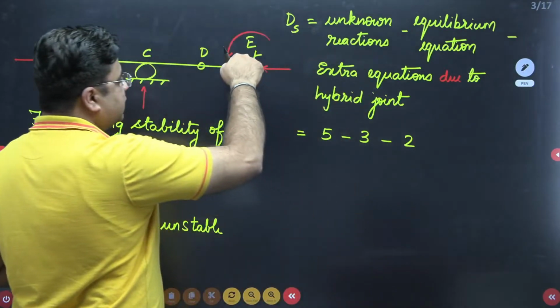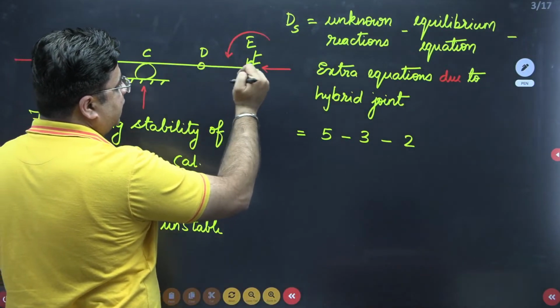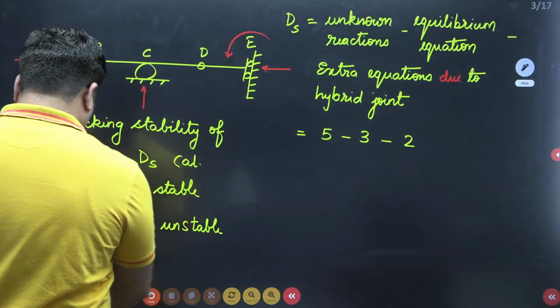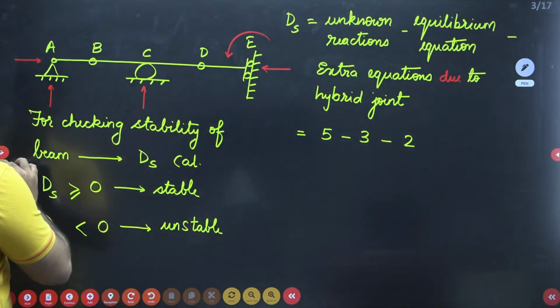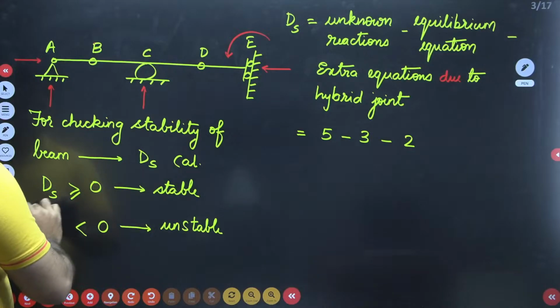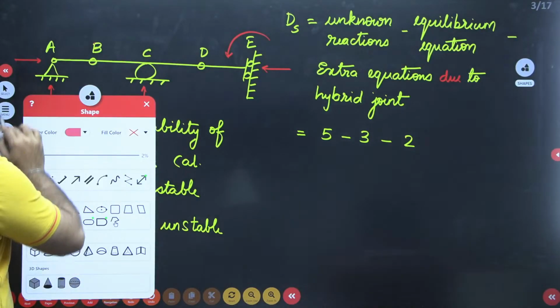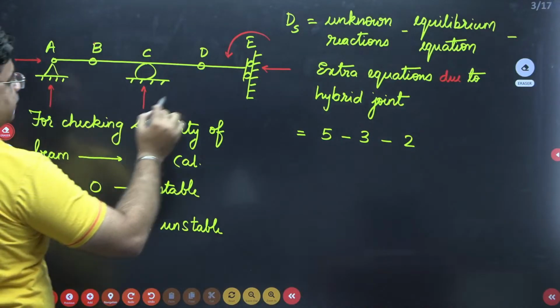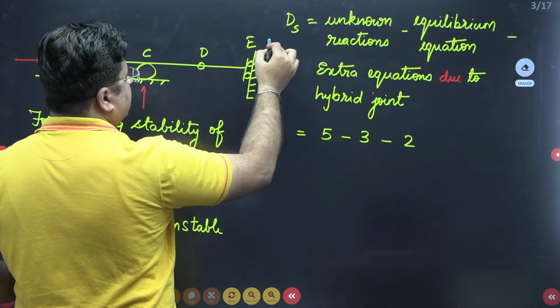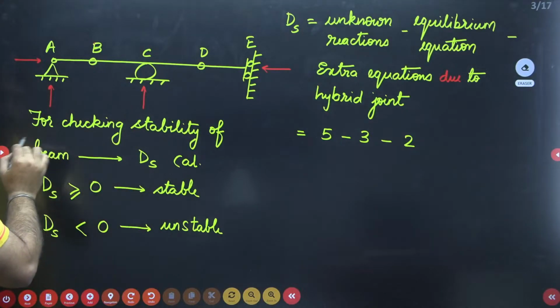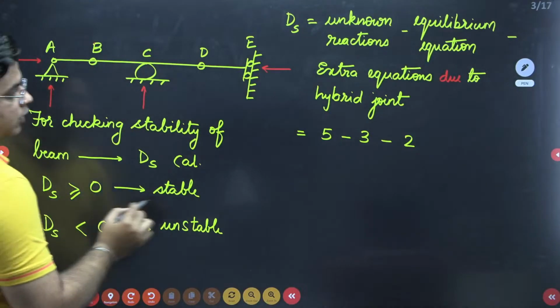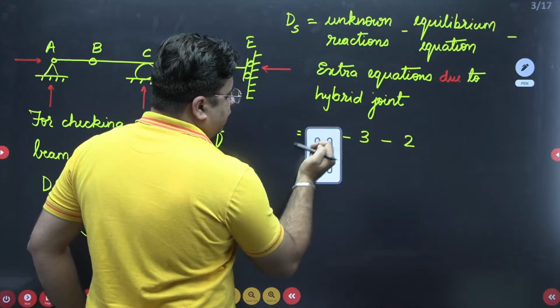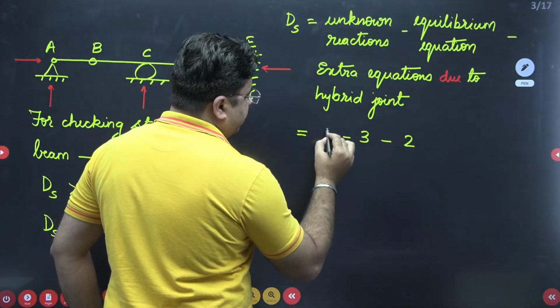I think this one is also a roller support, not a guided roller support. Okay. This is a roller support. So in case of roller support, we will not get this moment, right? So here the number of unknown reactions are 4.